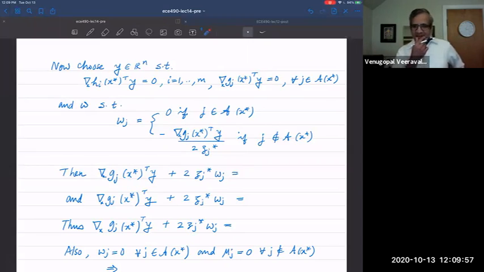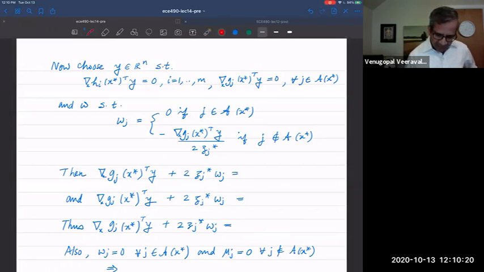First of all, let's focus on things that are not in the active set. For j that's not in the active set, by the way I've constructed wj, if I plug that in for wj, then I'll get this minus itself, so that's equal to 0.